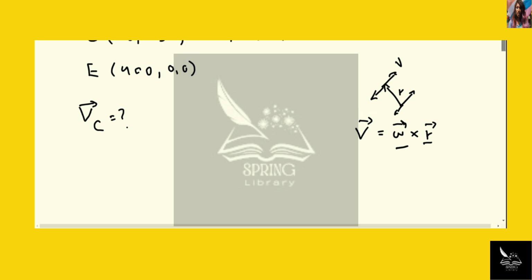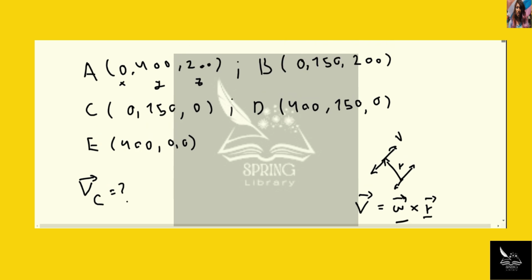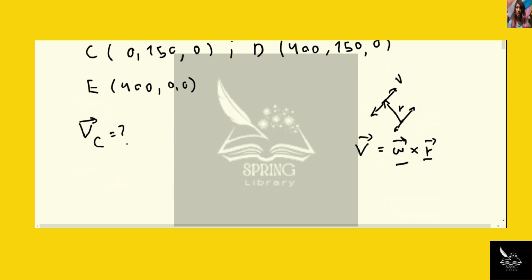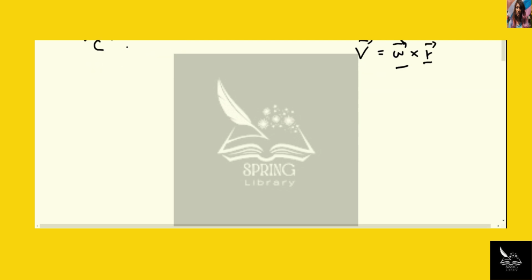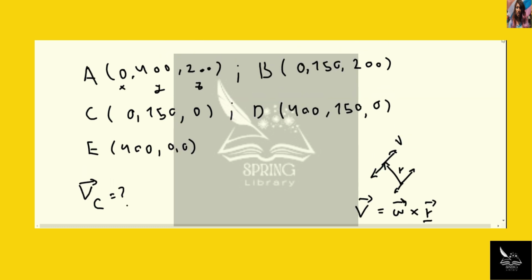And since we are looking at the velocity at the point C, the radius vector will basically be the position vector of C with respect to the point E. So from E to C, that will be the position r vector. And from these coordinates here, we can see how we can construct that vector. So clearly, point C has 0 x and 0 z component.